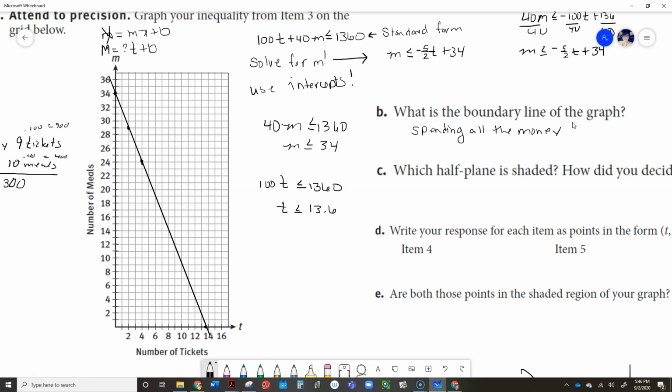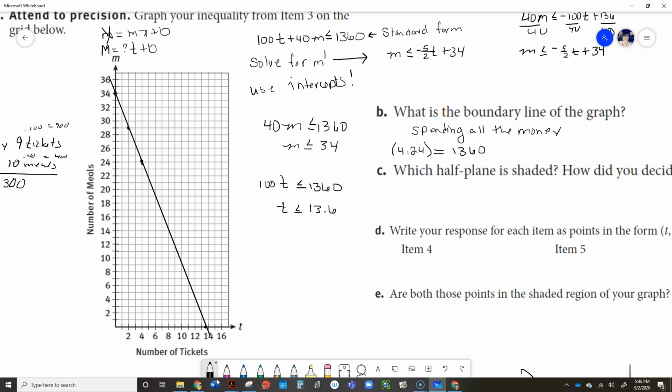That was 4 tickets. If I buy 4 tickets, I can eat 24 meals. So 4, 24 is 4 tickets and 24 meals. That will spend all the money. That equals $1,360.